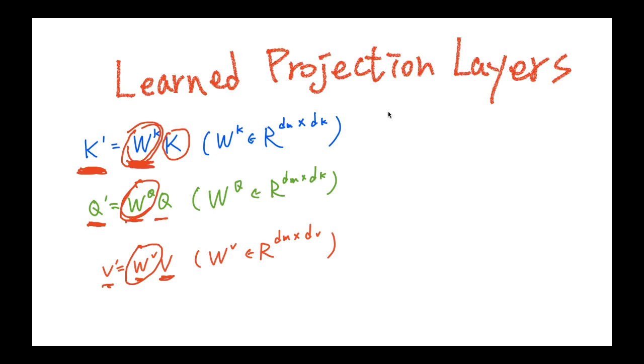Also, the trick is they actually use this as a dimension reduction, so that they can put in more attention heads, which I'll cover later. In their implementation, they have 8 attention heads.